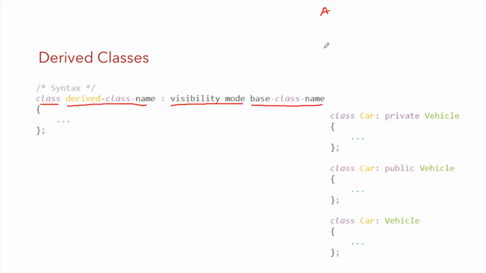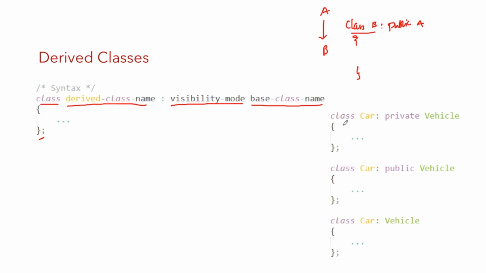Suppose we have A and B as two classes, A being the base class and B being the derived class. In this case, we can write the syntax as class B, which is your derived class, then colon, assuming you're going to write visibility mode as public, so I'm writing public, then your base class name, that is A, and then the definition of class B starts. So this is the syntax, and just notice again the semicolon over here.